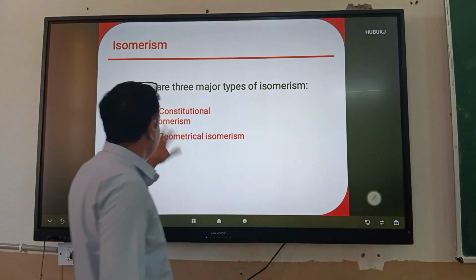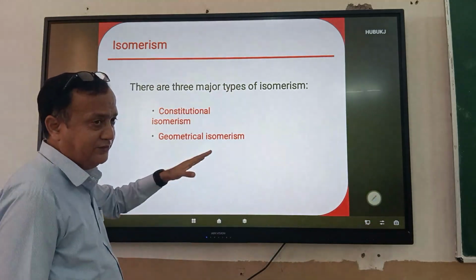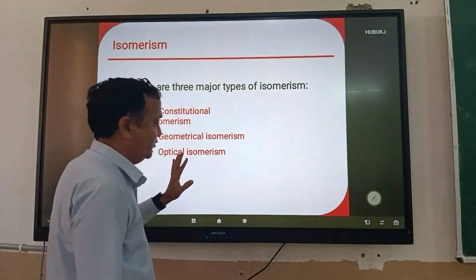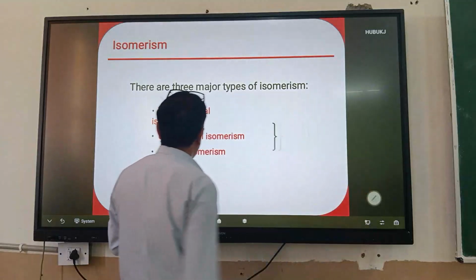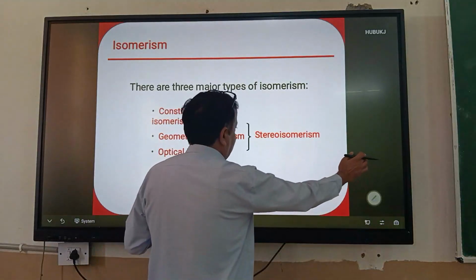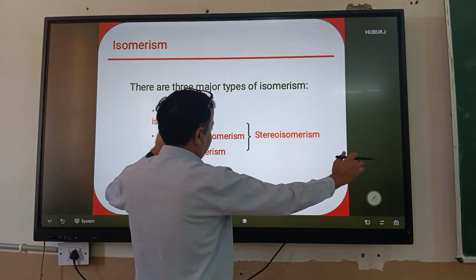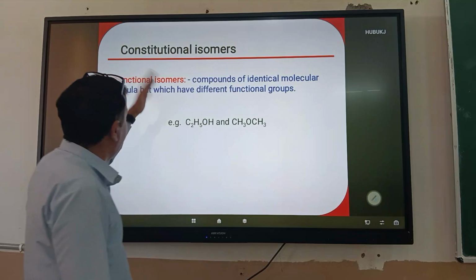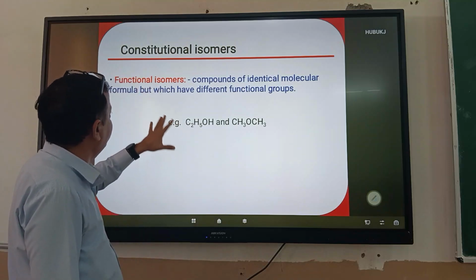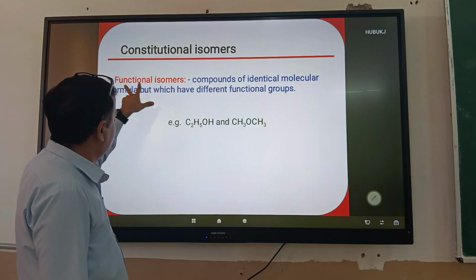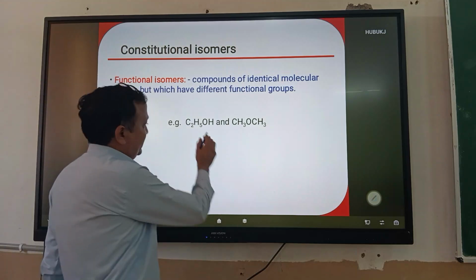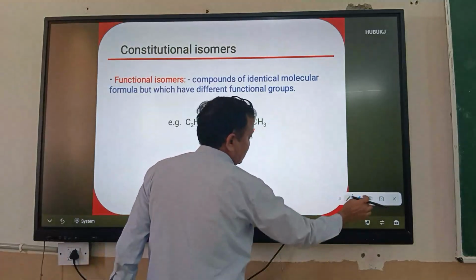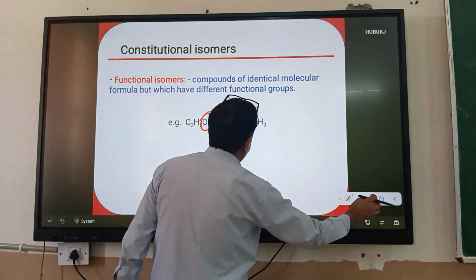We have discussed in detail the constitutional isomers. I have told you the constitutional or structural isomers have different connectivity and different structures. Geometrical isomers are cis and trans, and optical isomers possess handedness. Collectively, geometrical isomers and optical isomers are known as stereoisomers. Functional isomers differ from each other in terms of functional group: an alcohol functional group, an ether functional group.